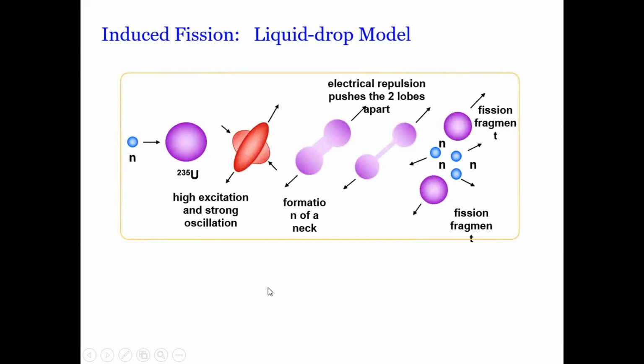Let's briefly discuss the induced fission and its link with the liquid drop model. We have already seen the liquid drop model, in which the nucleus is assumed to be a liquid drop-like thing, in which there is a balance of forces.